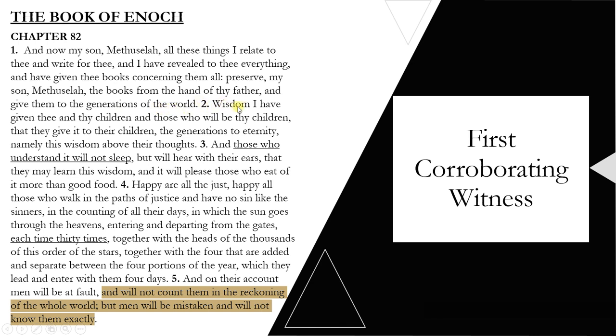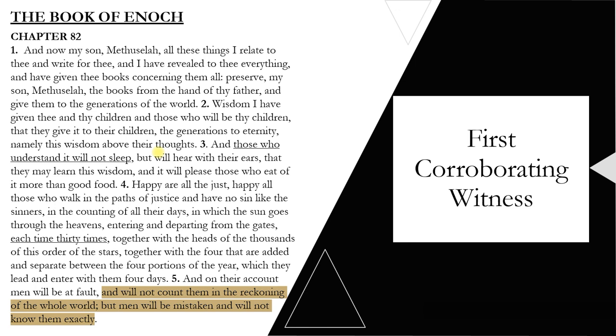Verse 2. Wisdom I have given thee and thy children and those who will be thy children, that they give it to their children, the generations to eternity. Namely, this wisdom above their thoughts. This means don't do what it is that you think you should do. Do what is written.